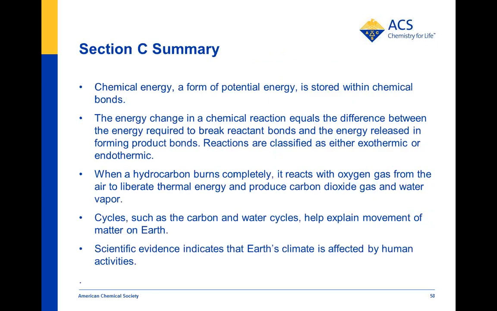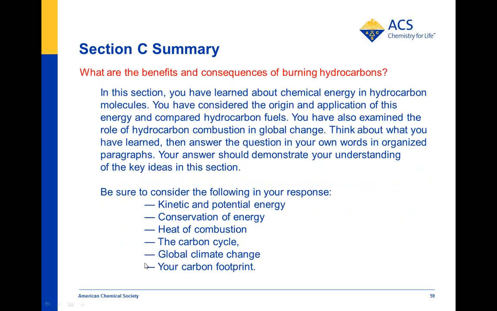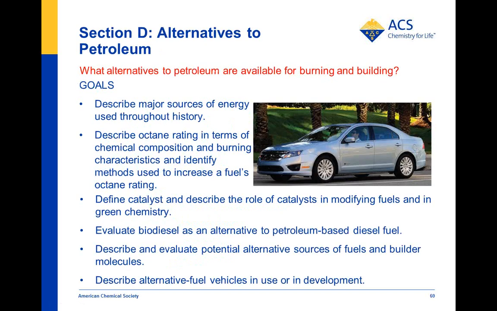I don't skip this. I make the kids work on it in their groups that have been assigned for the whole unit. And that brings us again to a section summary. Questions for review and an idea of where we've come: the energy we've talked about, heats of combustion, conservation, the carbon cycle, global climate change, and the carbon footprint, and what are the benefits and consequences of burning.